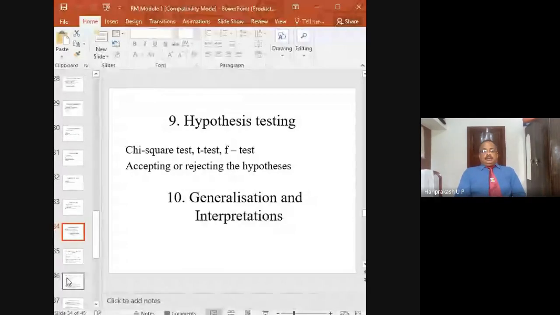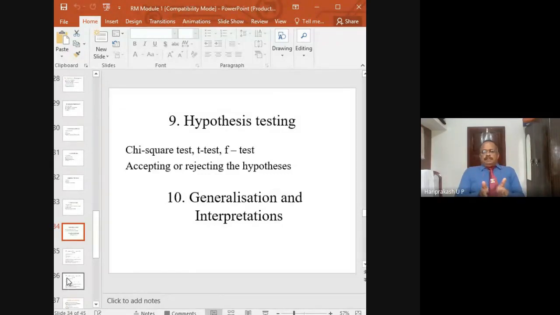How to test? There are different statistical tests available depending on the nature of data. There are different types of data that we'll also be seeing in the coming slides. Based on that, you are going to apply the different tests. Different tests are there: chi-square test, T test, F test, ANOVA.